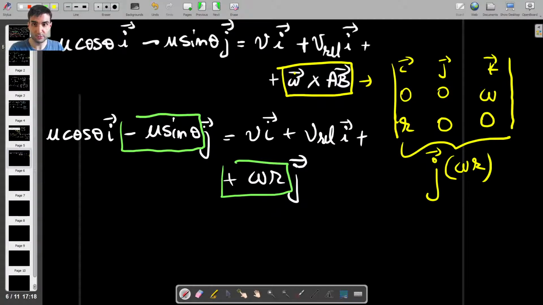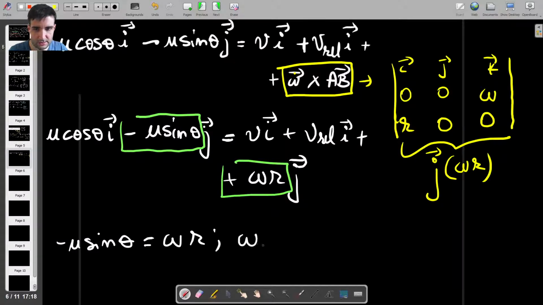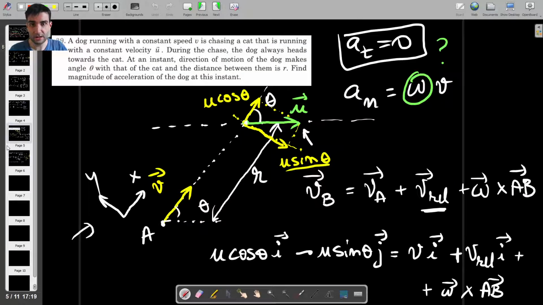So the two have to be equal to each other because there's equality between the two expressions. So we've got minus u sine theta is equal to omega r. So omega is therefore going to be minus u sine theta over r. So that's the angular velocity of the dog when the angle between their two directions is some theta value.